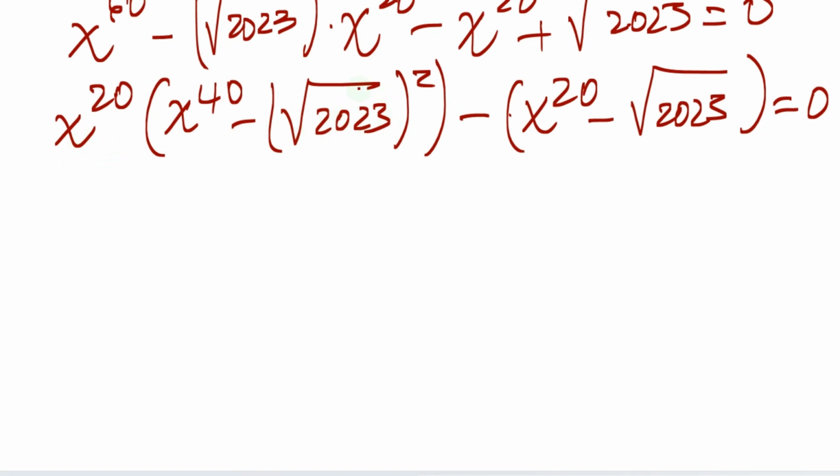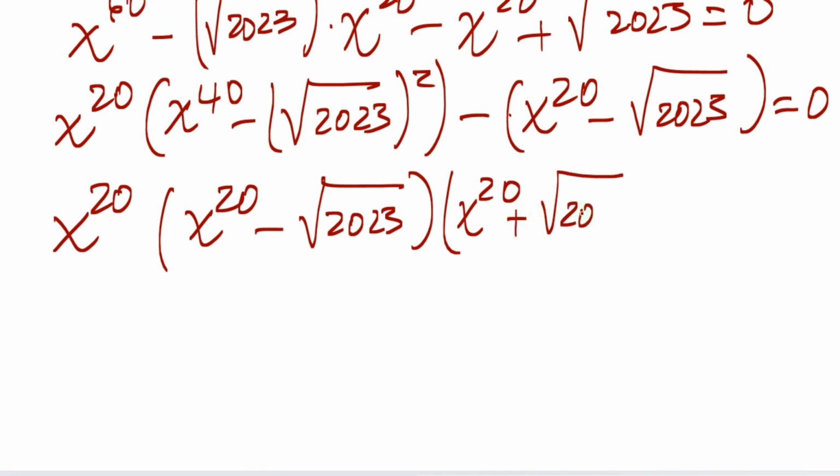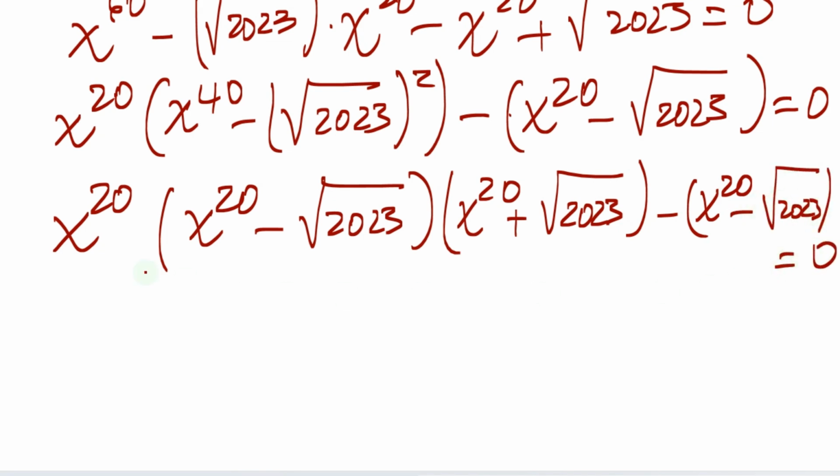Here this is a difference of two squares, because 40 here is 20 to the power of 2, so this is x to the 20, which multiplies x to the 20 minus square root of 2023, which multiplies x to the 20 plus square root of 2023, and then minus x to the 20 minus square root of 2023, and this is equal to 0.